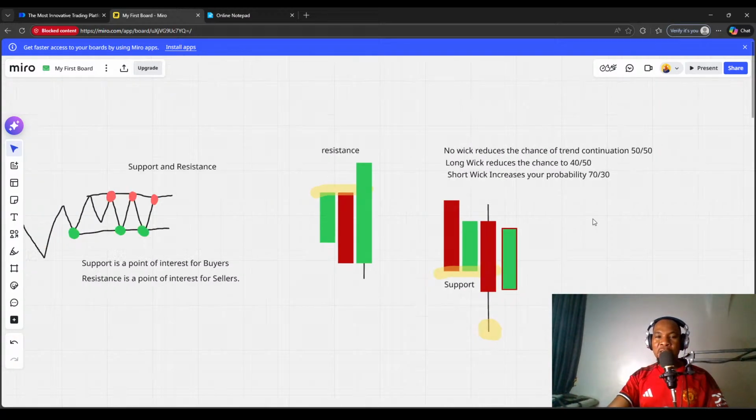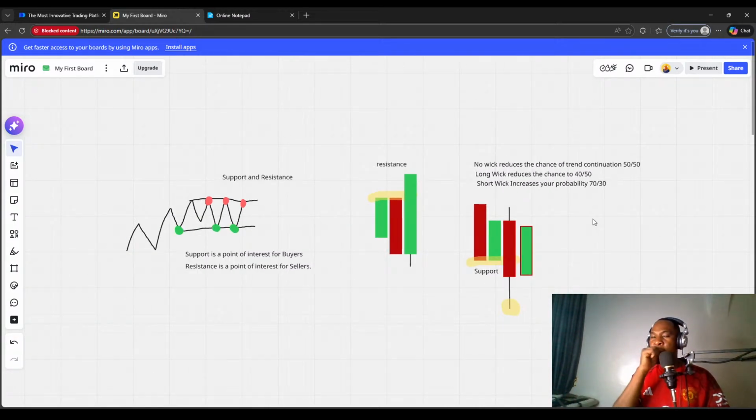So that is all you need to know about support and resistance. With this information, discipline, and a little bit of psychology, you can trade the market successfully.